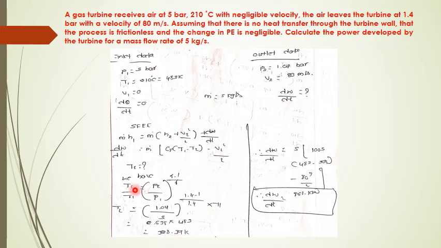You need to remember this equation, which I have used for all the problems. Using it I can calculate the exit temperature, which is 308.39 Kelvin. And finally, if you substitute the T2 and T1 values and the V2 value which is given, you will get the work done by the turbine, which is 861 kilowatt.